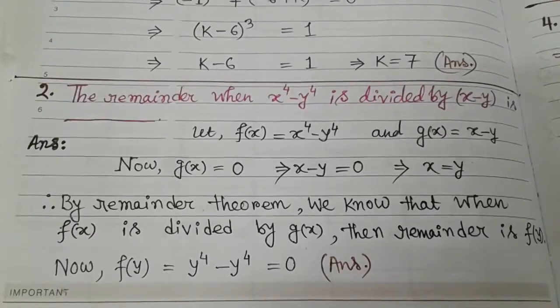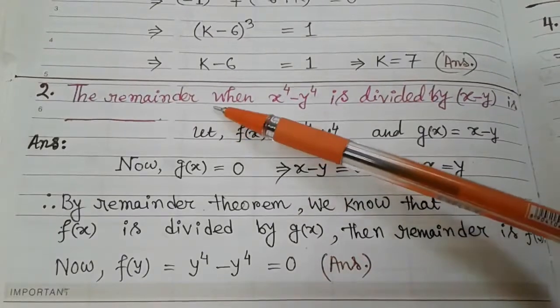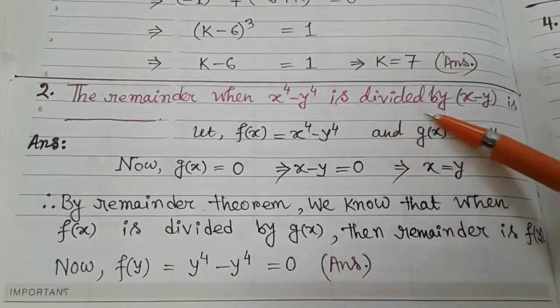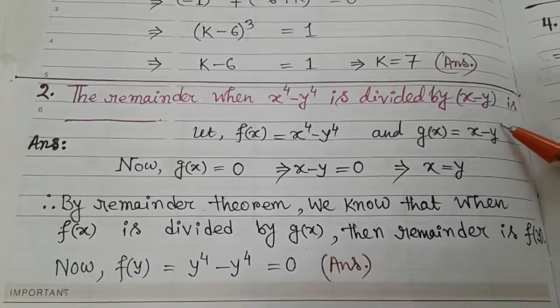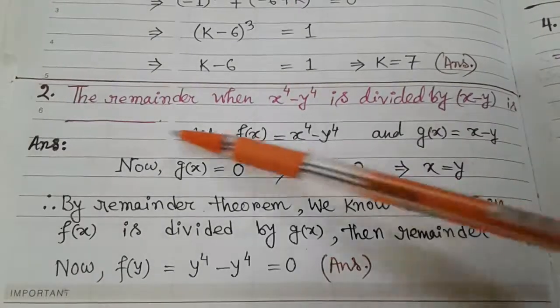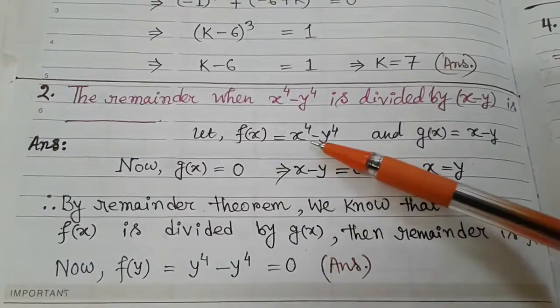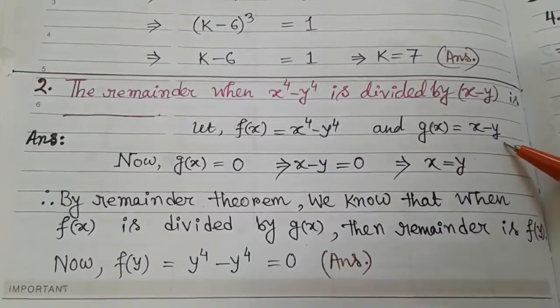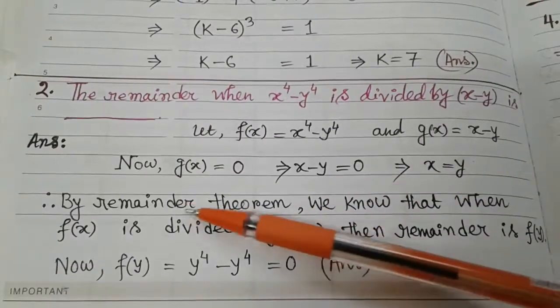The next problem is: find the remainder when x to the power 4 minus y to the power 4 is divided by x minus y. Let f of x equal to x to the power 4 minus y to the power 4 and g of x is equal to x minus y.